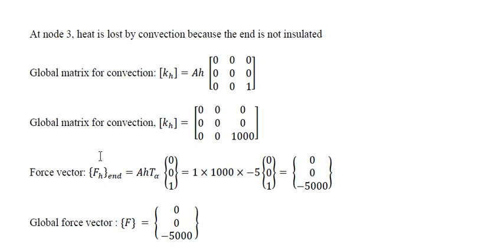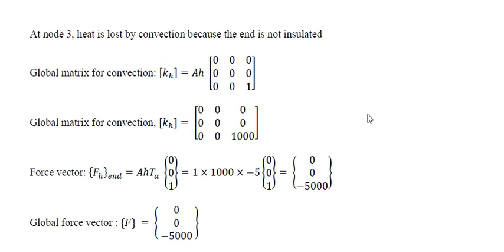Now what about the force vector? Please listen carefully. The force vector is due to three conditions. One is end convection, another is surface convection, and the third one is internal heat generation.